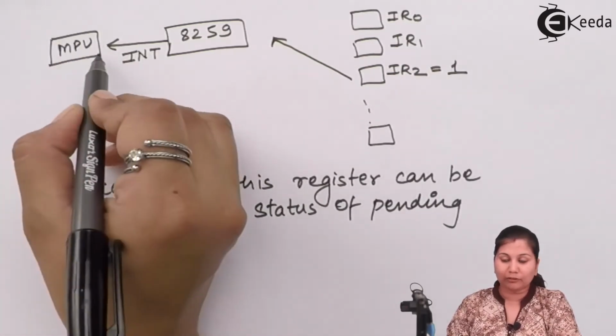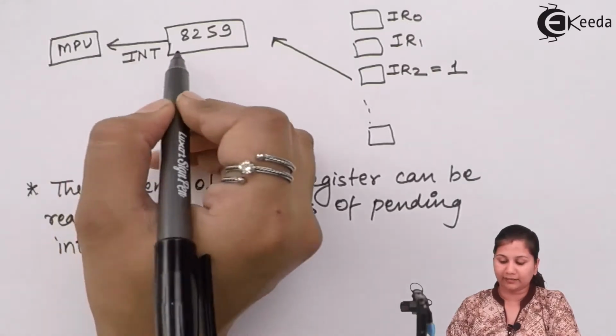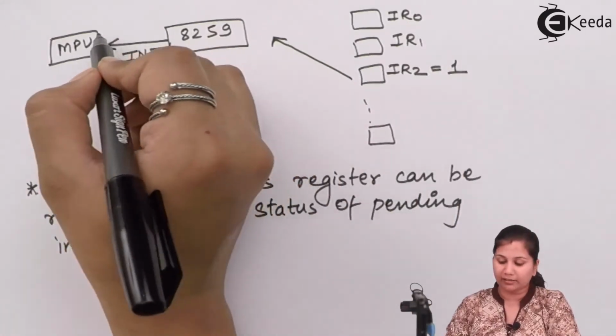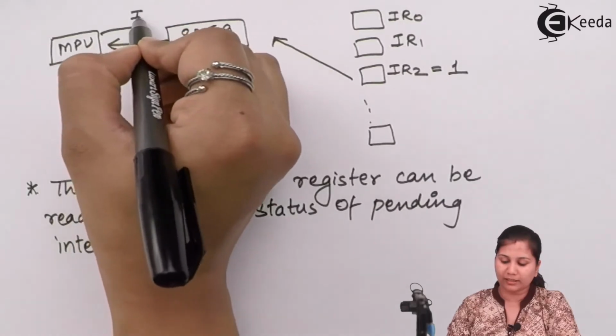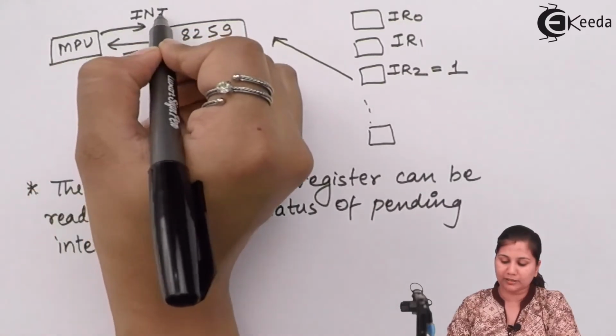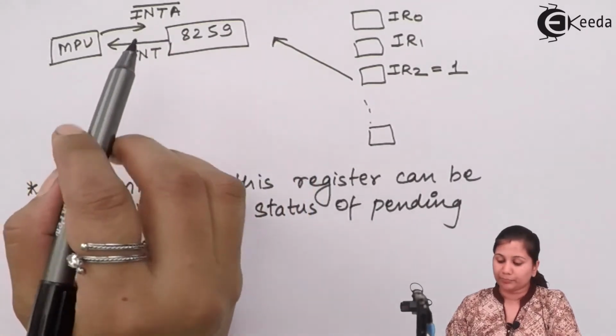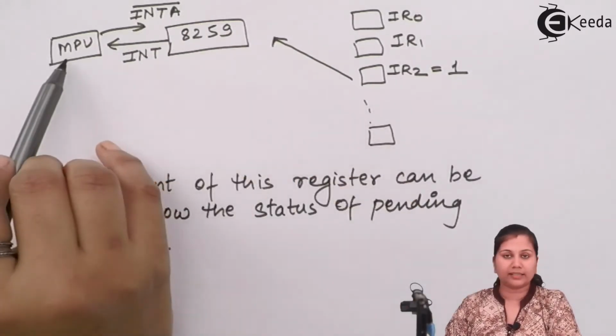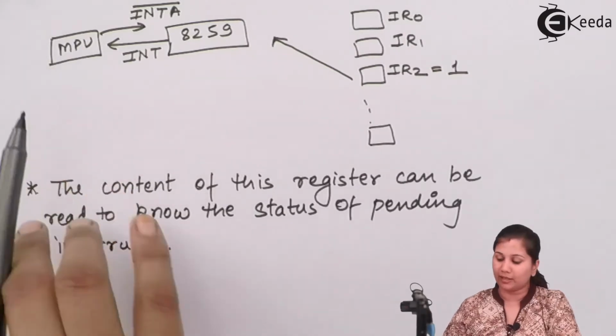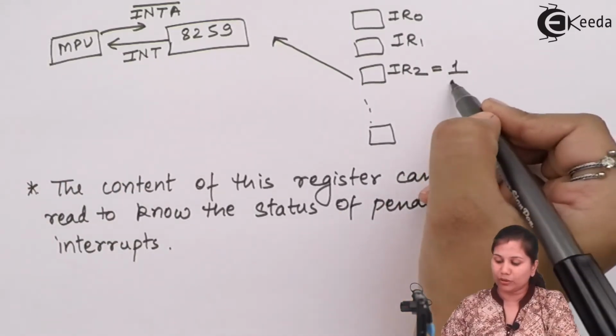Now the microprocessor has received the request. In response, this microprocessor is going to generate the interrupt acknowledge signal. Now when this request has been acknowledged by the microprocessor, then again this bit is set to 0.